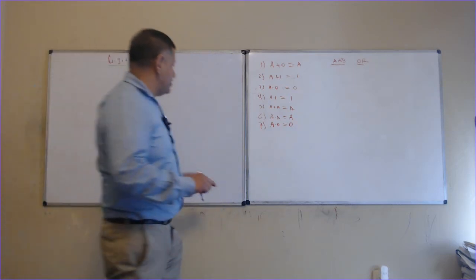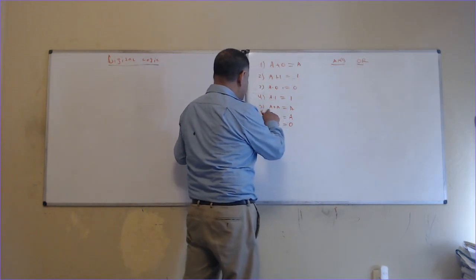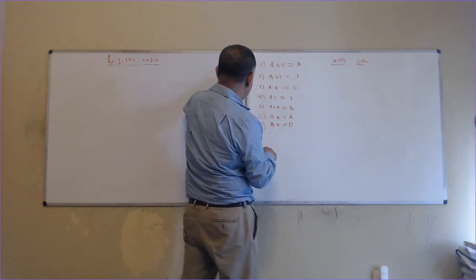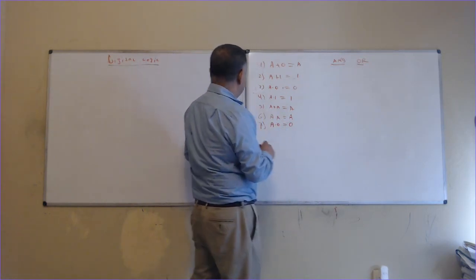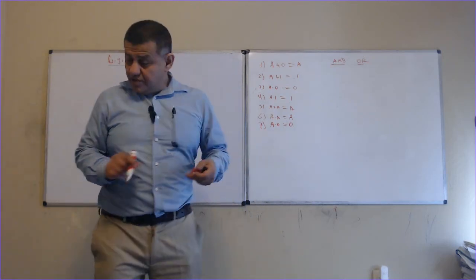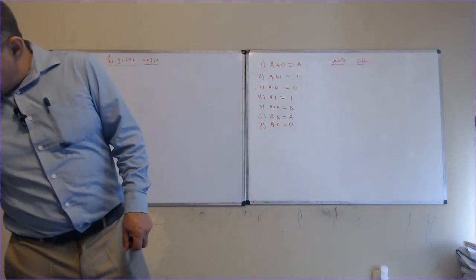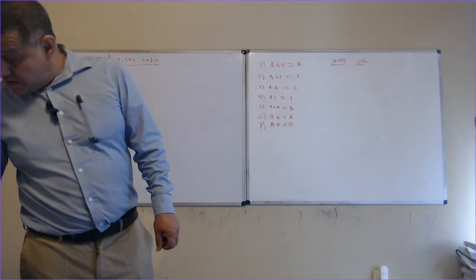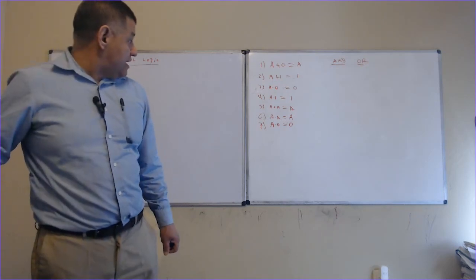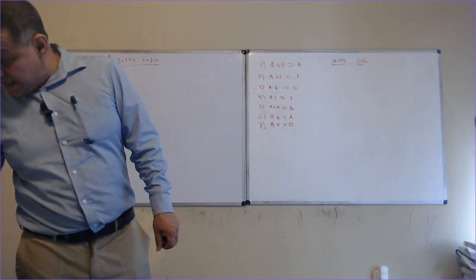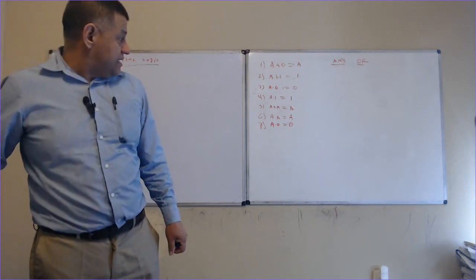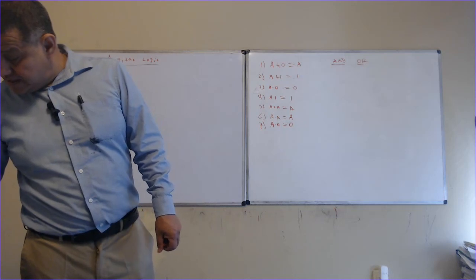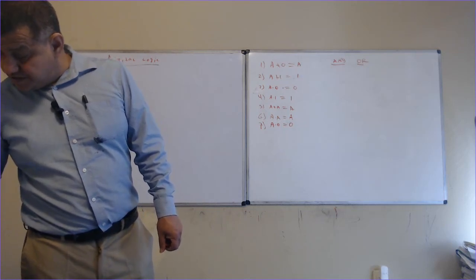Number 6 is technically A dot A is equal to 0, and number 5 is A plus A is equal to that. And number 6.